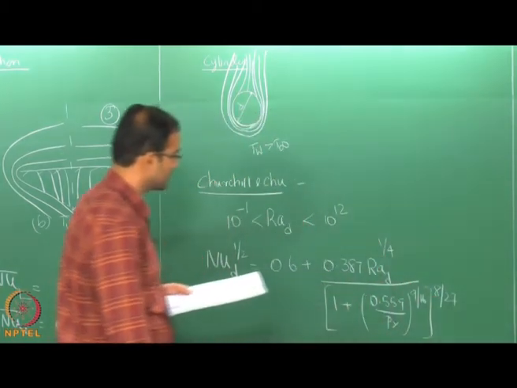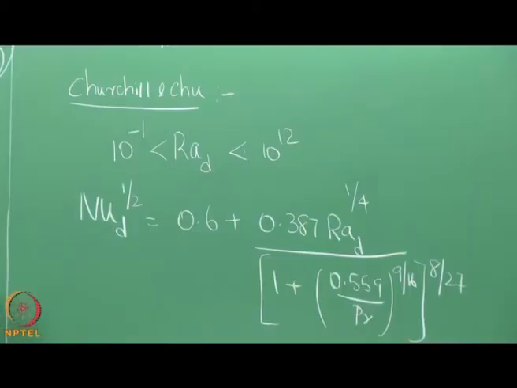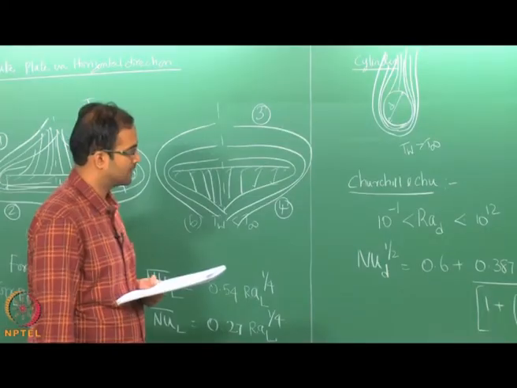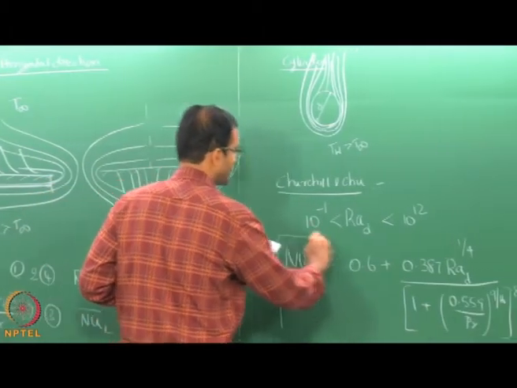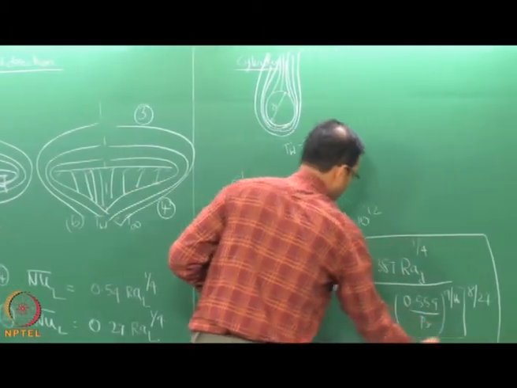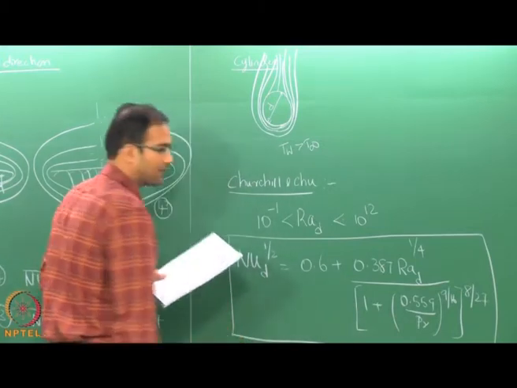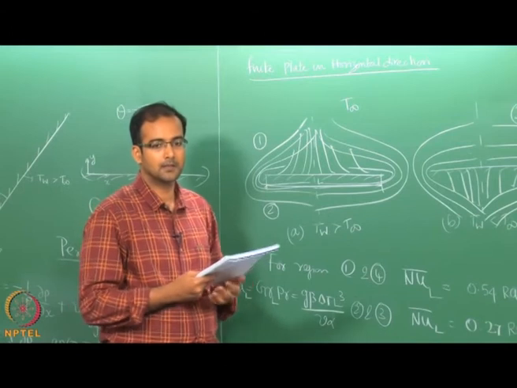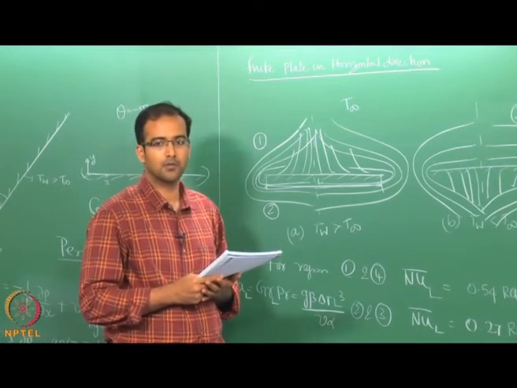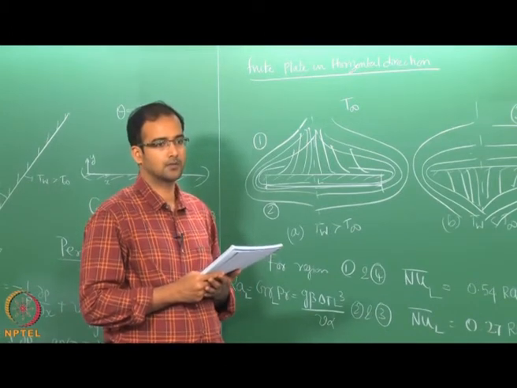It is a very complex looking dependence on Rayleigh number and Prandtl number, but this is the same kind of formulation which is also done for the vertical flat plate, because as you can see, whatever we have done so far for the vertical flat plate is for laminar flows.